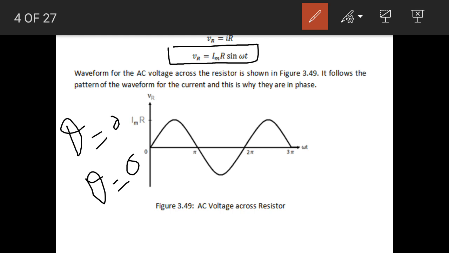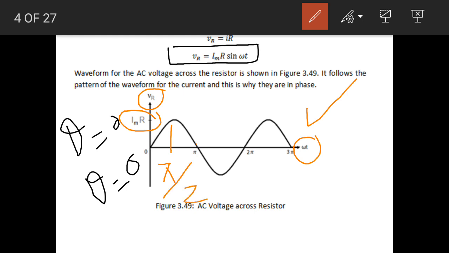Here is the waveform for the AC voltage across the resistor. We have taken omega t along x-axis and the AC voltage across the resistor along y-axis. Here is the maximum value of the AC voltage across the resistor, and this maximum value takes place at omega t is equal to pi by 2.